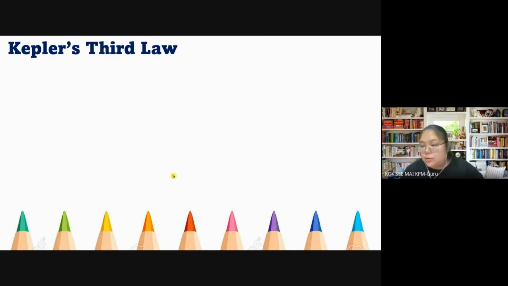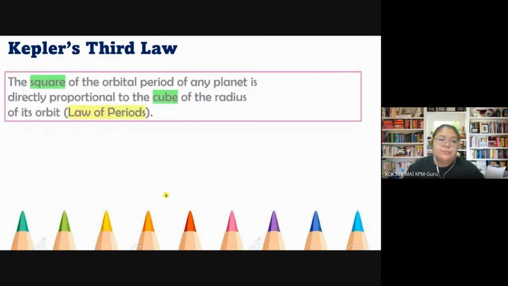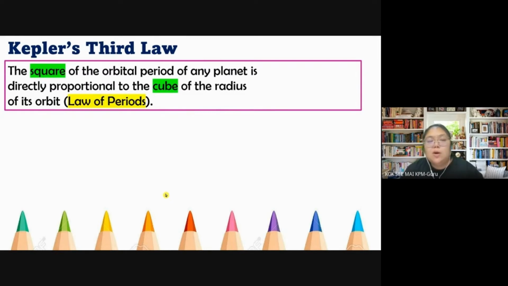Okay, now we go to Kepler's third law. For Kepler's third law, we have a formula. The formula is related to what we learned before. Okay, now we are going to see what Kepler's third law is. The definition is the same as the formula. They say the square of the orbital period, so that means the T, you square first.